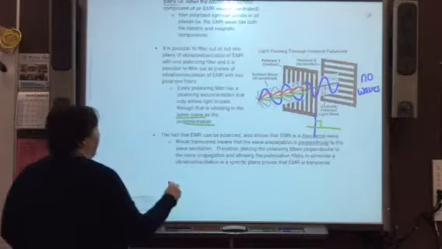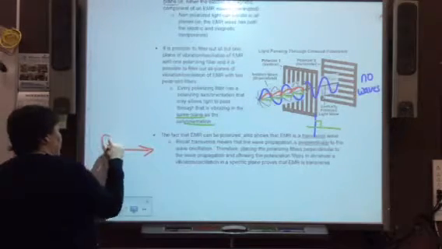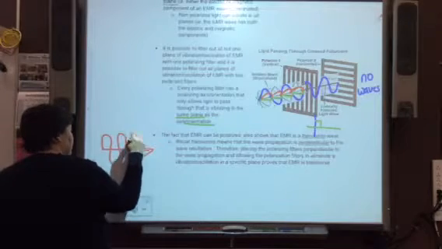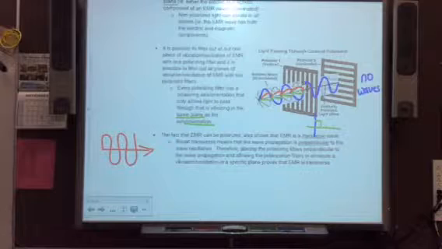So if we have waves moving in this direction, we can have a wave going like this. If you place polarizing filters perpendicular to the way that it's going, it allows them to eliminate that vibration or oscillation.